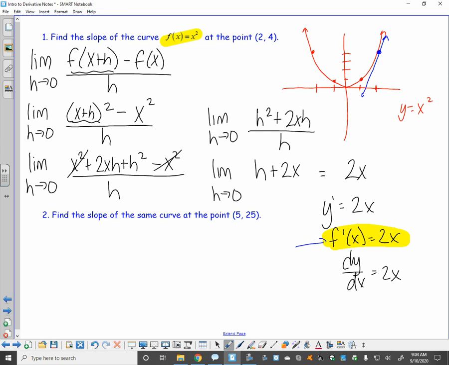This is the formula for the slope of the tangent line, not the secant line, of the tangent line at any given point. That f prime of x has nothing to do with the point 2, 4. All we based that on was the mother function y equals x squared.